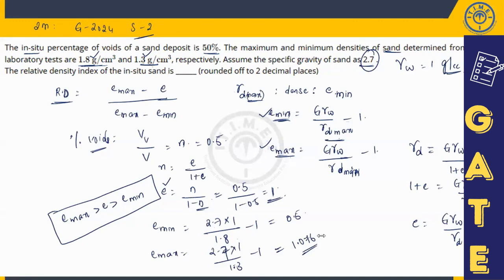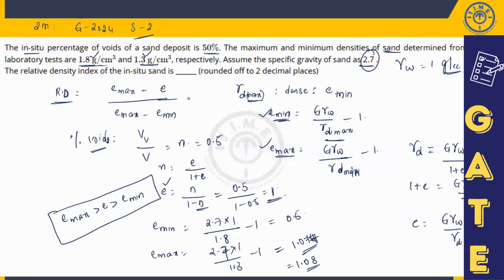Let me check it. 1.0769. That is 1.077. I can finally round it to 1.08 also, if I'm clear.